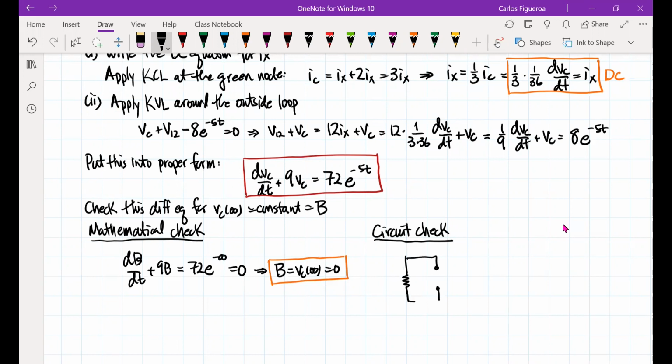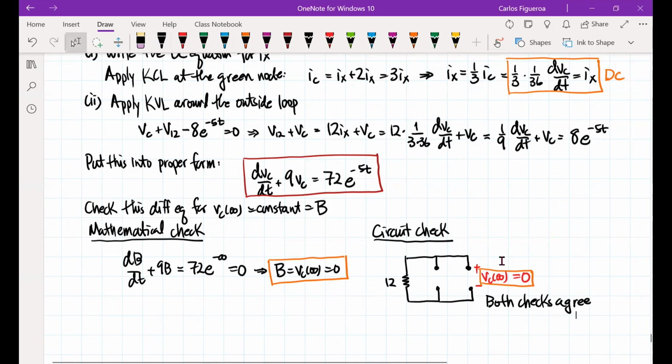The source is now gone, the dependent, and then now I have this, and you could see here that this guy is then VC of infinity, and you could clearly see with no source, clearly this guy has to equal 0. So what we can see here is that both of these agree. The circuit check and the mathematical check agree. So I'm going to say that we're good right there.